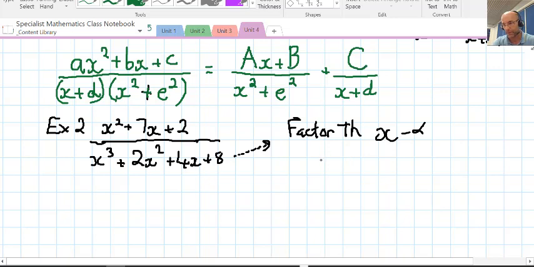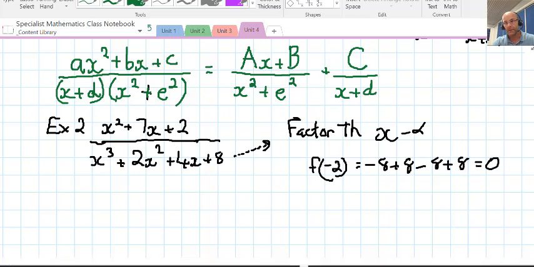Okay, so we have, if we try, to cut a long story short, you remember all our earlier work on the factor theorem over the last few units, but to keep the video short, f of negative 2 is negative 2 cubed, etc. So you get negative 8 plus 8 minus 8 plus 8 equals 0.